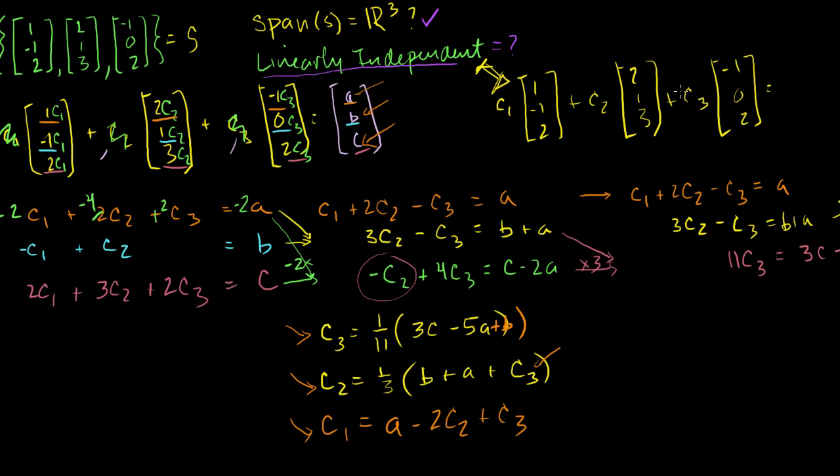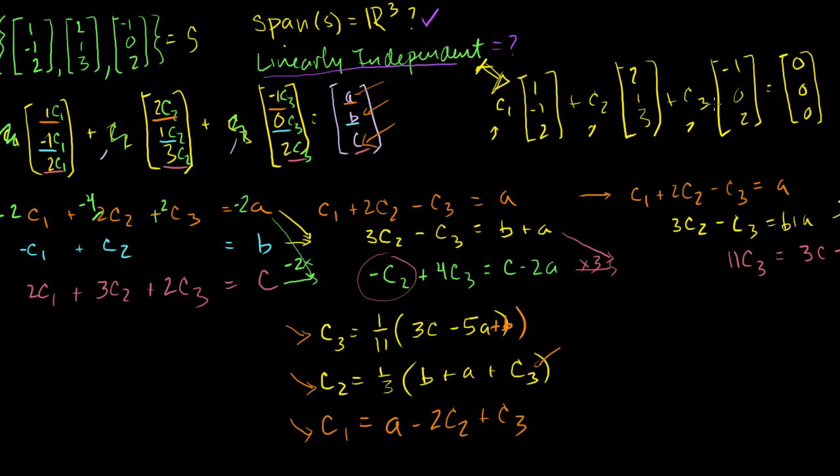So if I want to find some combination of these vectors that adds up to the 0 vector, and I did that in the previous video: if they are linearly dependent, there must be some non-zero solution. So at least one of these constants would be non-zero.